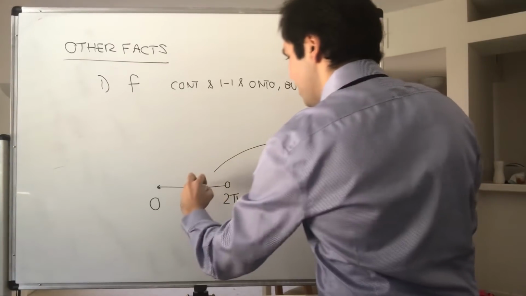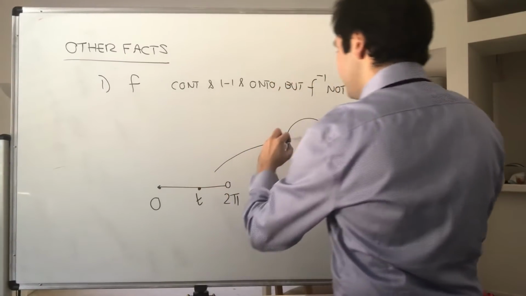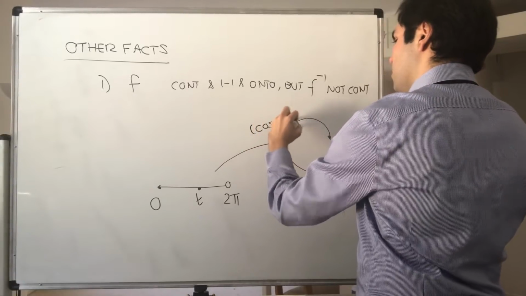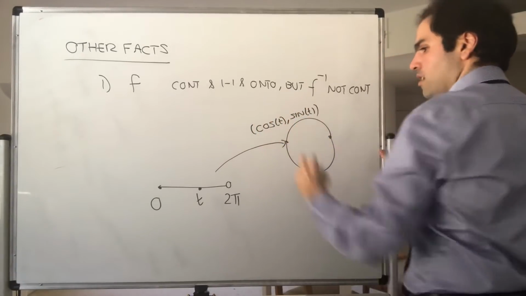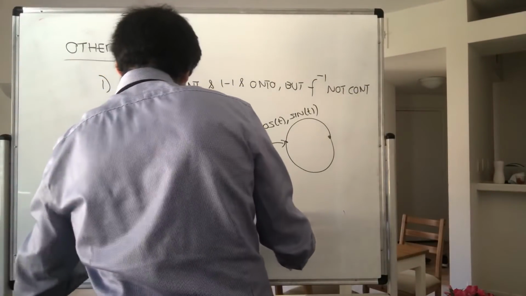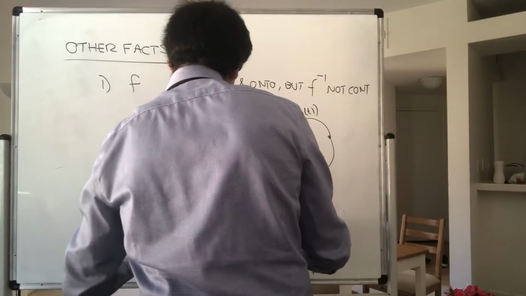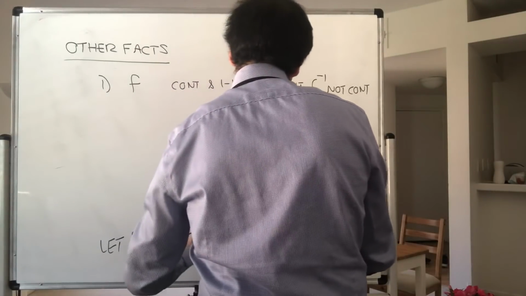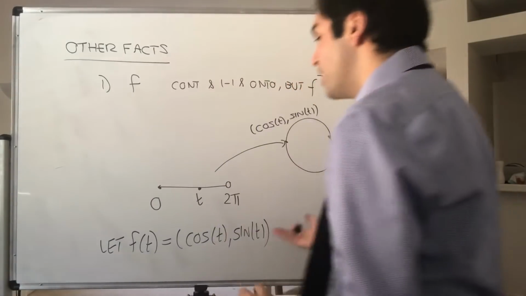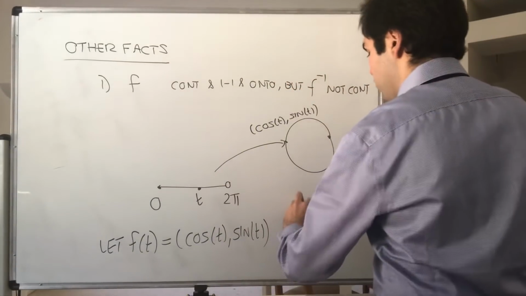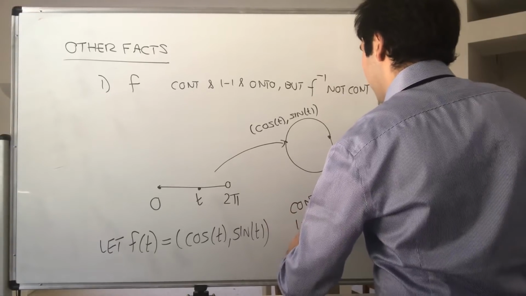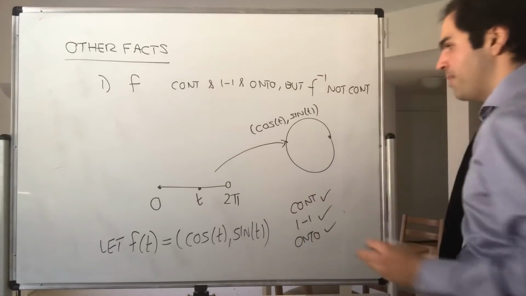Well, simply, given t here, consider the point (cos t, sin t). In other words, let f(t) = (cos t, sin t), and you can show it's continuous, no problem. It's one-to-one, no problem. And it's onto the circle, no problem at all.